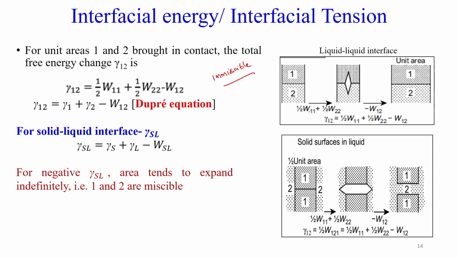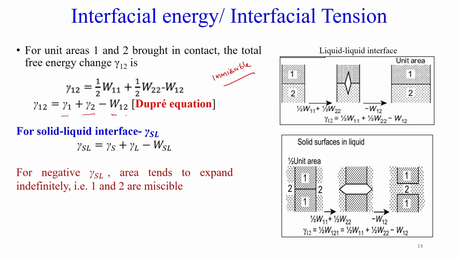So, there will be half of the work of adhesion, or you can say half of the work of adhesion means surface energy. The surface energy of gamma 1, surface tension gamma 2, minus the loss of work at the interface between 1 and 2.